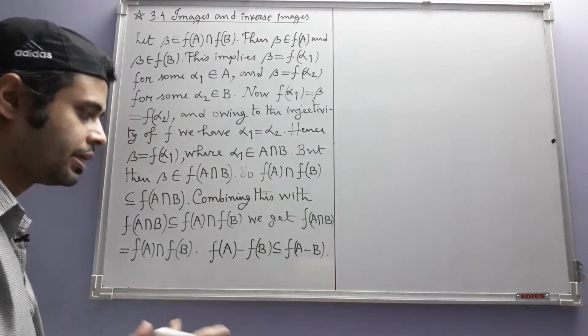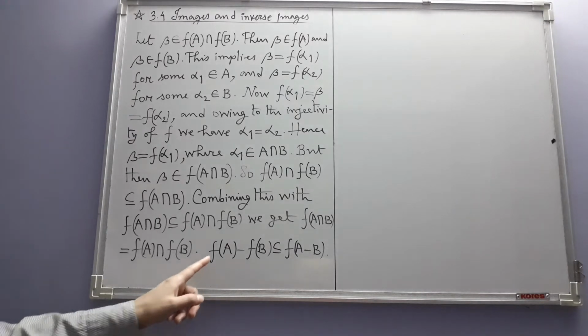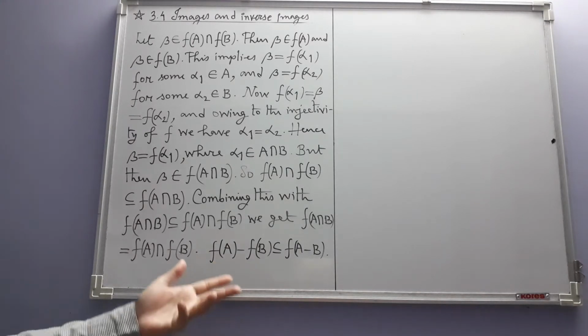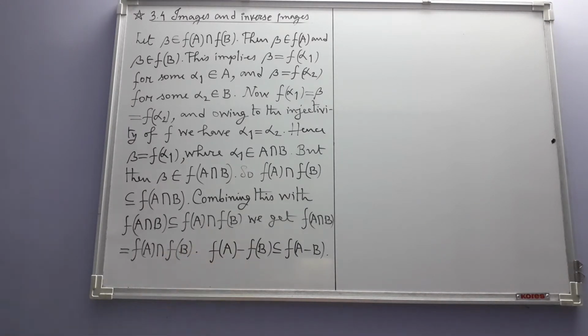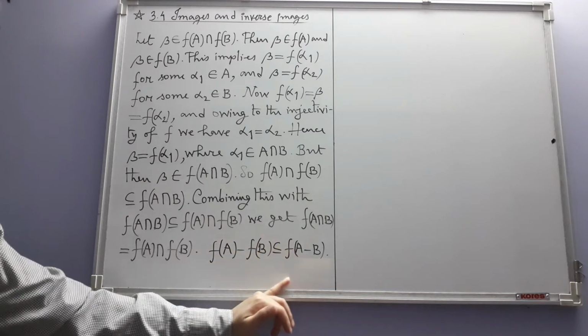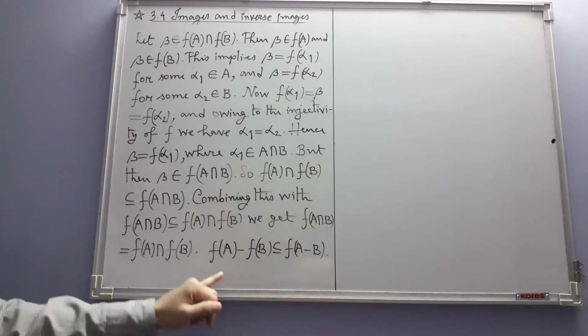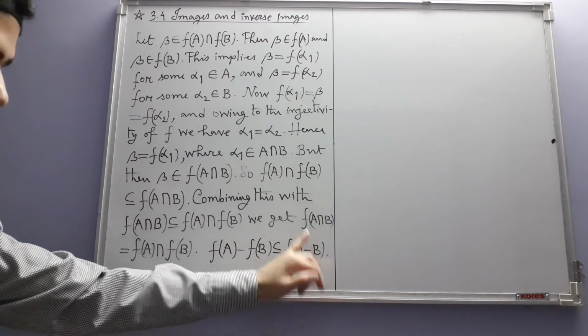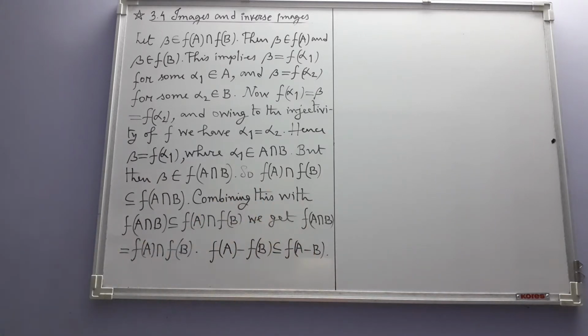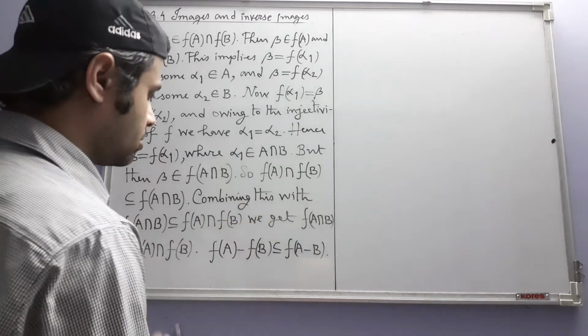This we already have proved for us, regardless of what f is, that is whether f is injective or not, it does not matter. This is always true. Now under the assumption that f is injective, we have to prove the reverse inclusion.